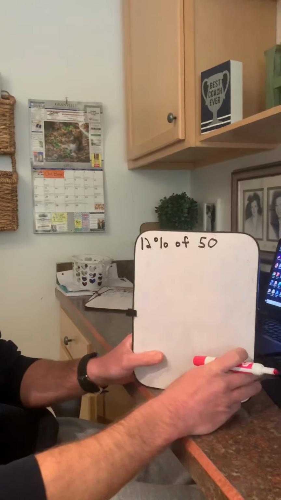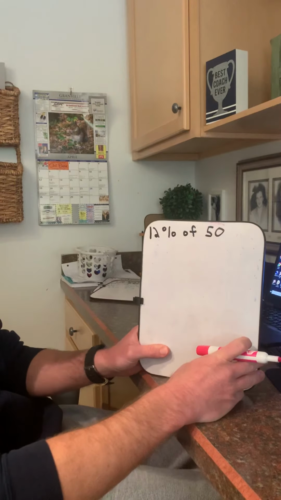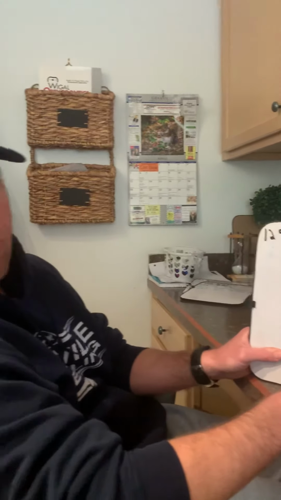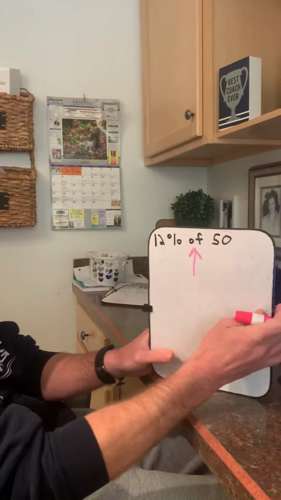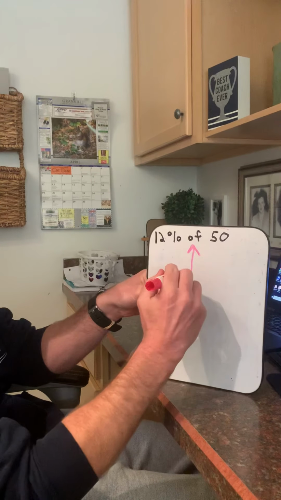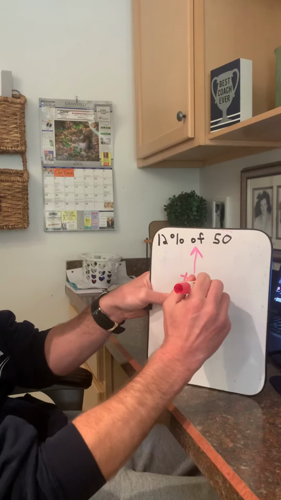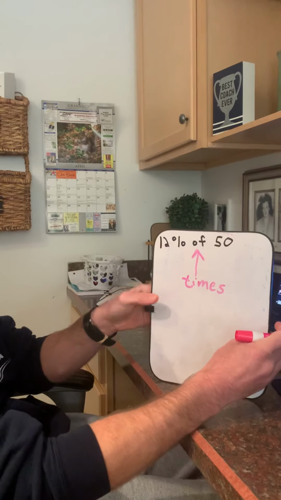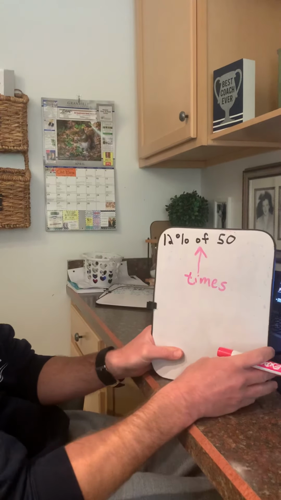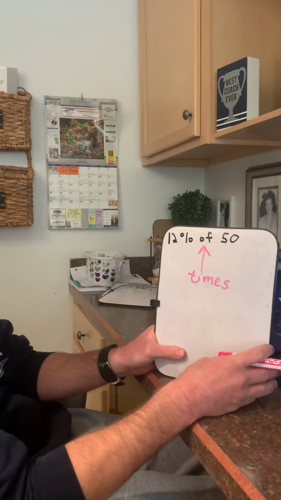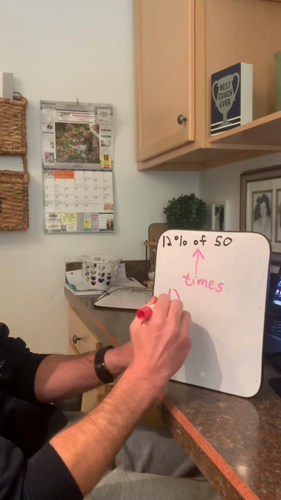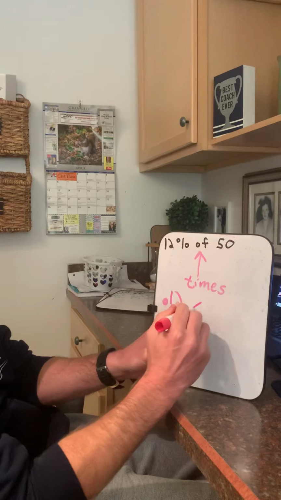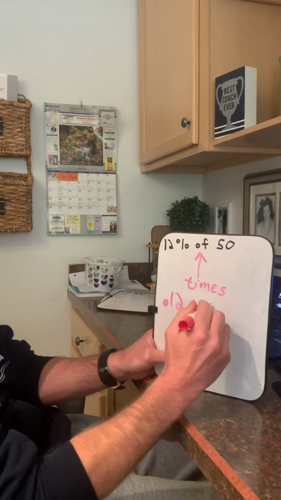This says 12% of 50, and they're asking what is 12% of 50. It's important to know that in math, of essentially just means times. So 12% of 50 is 12% times 50. 12% on your calculator would be 0.12, of means times, and then 50.